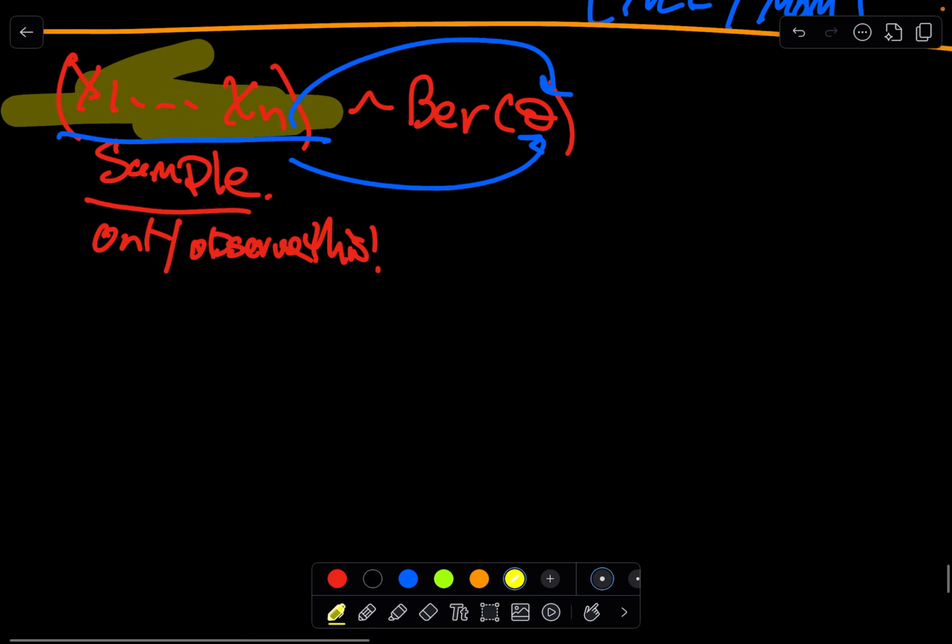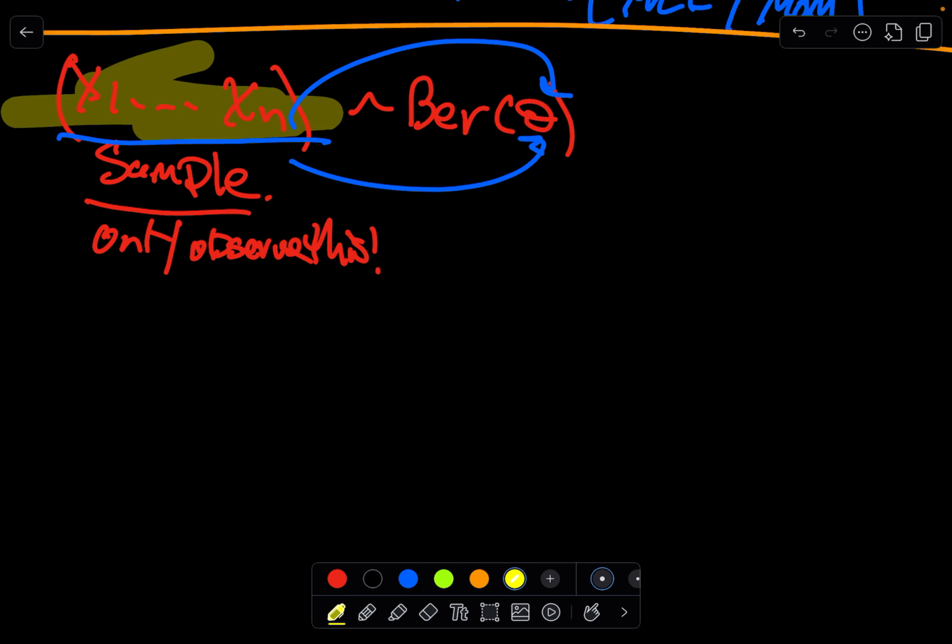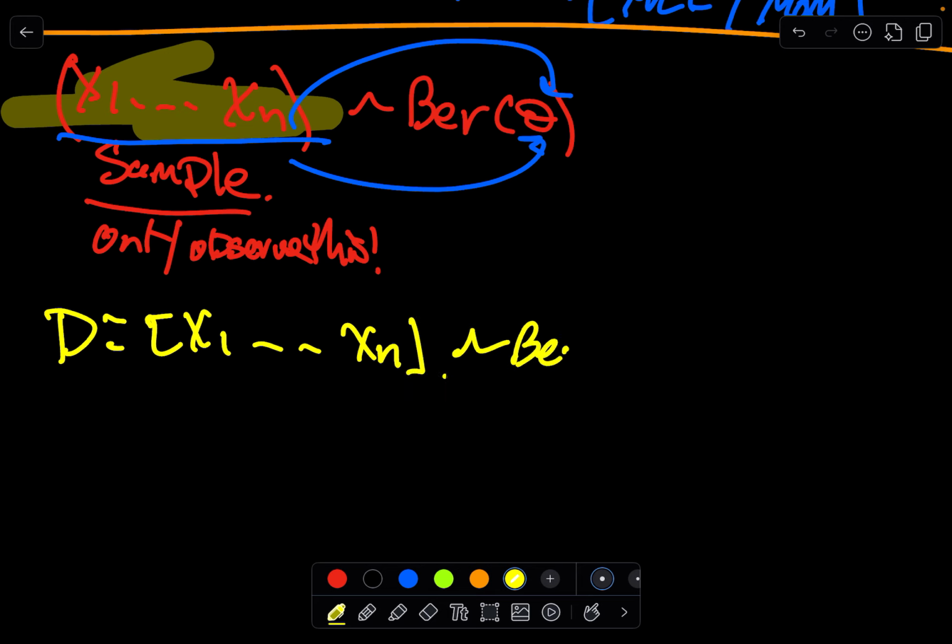The intuition for maximum likelihood estimation is, we have some data D, which I'll define to be the set x1 to xn, drawn from some Bernoulli theta process. Imagine if the true theta is 0.5. A good theta is one under which our data, these realizations of the random variables X1 to Xn, have a decent probability.